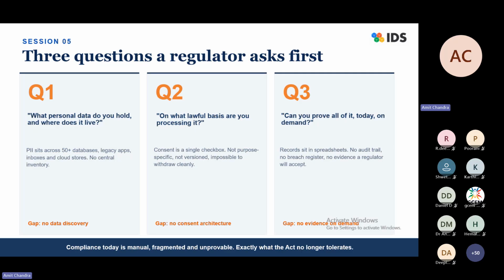Now for question 2 and question 3, you will require a consent management platform. And in that case, IDS is working on a product, it's almost completed. Okay. So we have a product, iConcentra, which makes sure that you are always aligned to the lawful basis, that whatever data you are processing, it is based on the law. And anytime it is required, you will be able to provide the evidence.